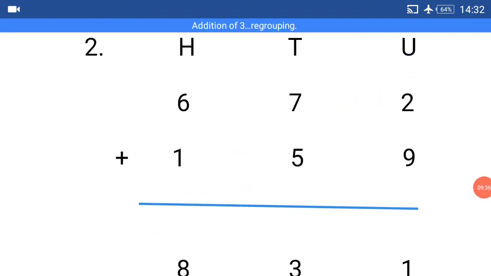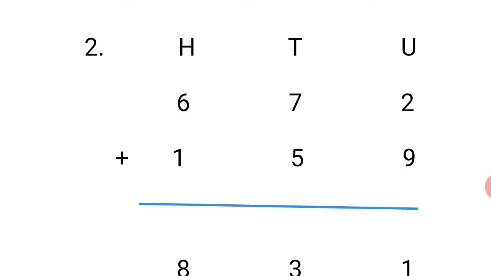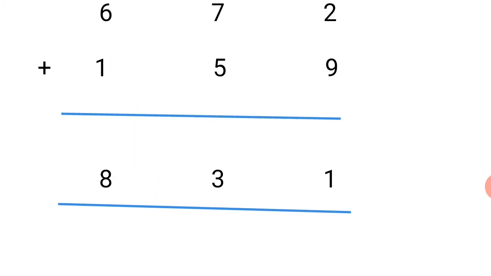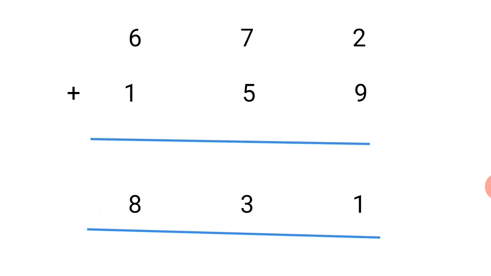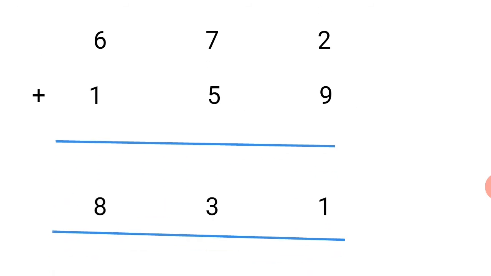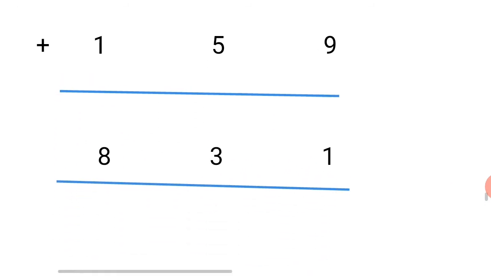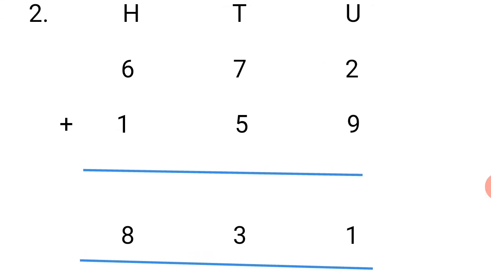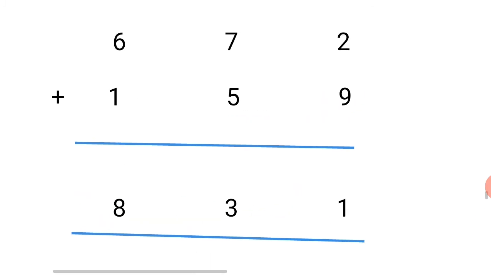So 672 plus 159 equals 831. That's the final answer, 831. The answer to the question 672 plus 159 equals 831.